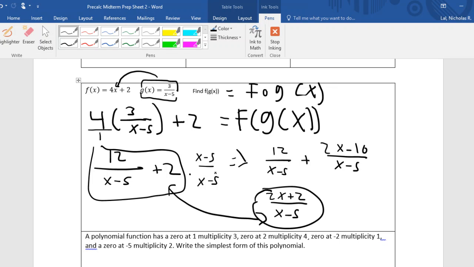Both are equivalent to f of g of x. You just need to know that this correct answer is equivalent to that correct answer, because of finding the common denominator, distributing the 2, adding the fractions, and simplifying.